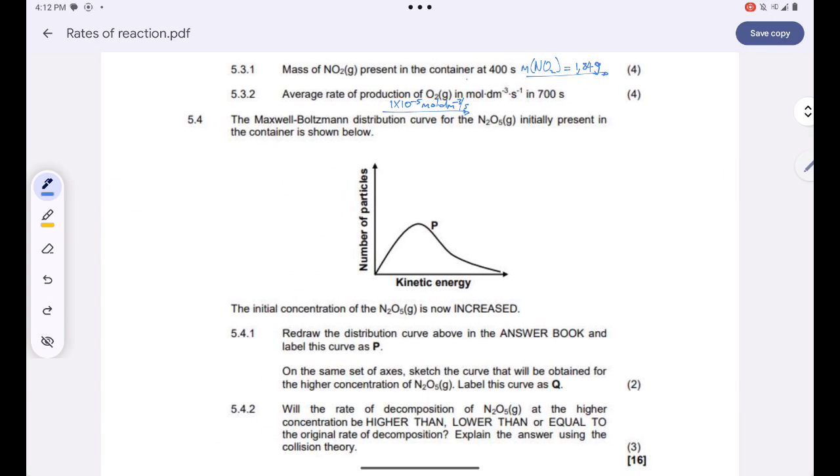Okay, and then now we are told that the Maxwell-Boltzmann distribution curve for nitrogen pentoxide initially present in the container is shown below. The initial concentration is now increased. What happens, guys, whenever we increase the concentration? Obviously, the rate of a chemical reaction will also increase. Why is it increasing?